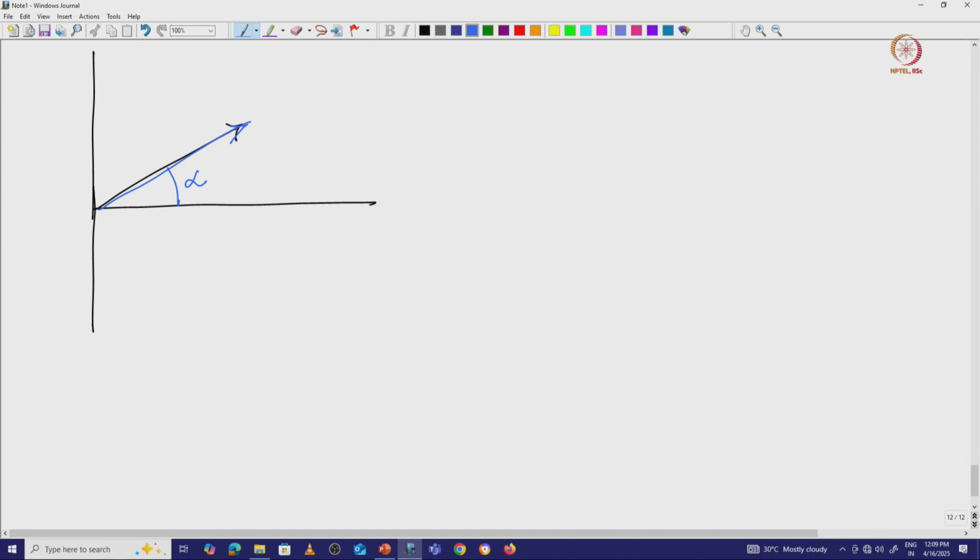And the other wave has a completely different angle, something like this red one. Just consider that it is 2 pi by 3. Now, there are two waves and we have to add them. This is my wave number 1 and this is my wave number 2, and we have to add wave number 1 and wave number 2. So, we will use this to draw the diagram.